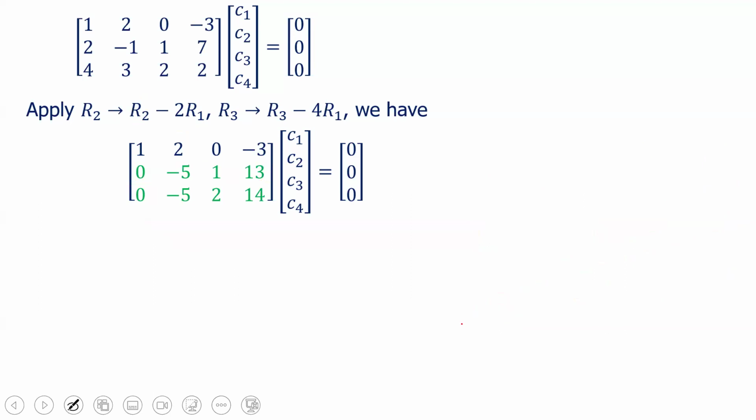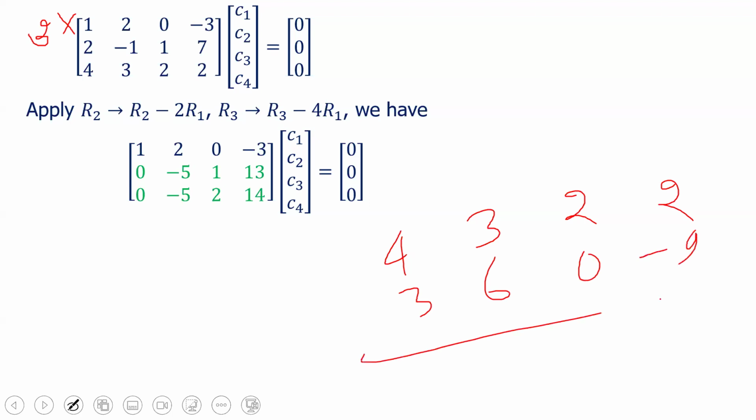Similarly, from the third row, 4, 3, 2, 2, we have to subtract R1 multiplied by 4.